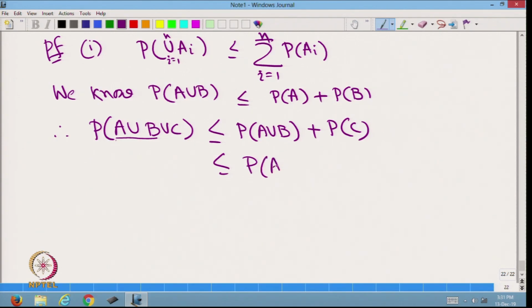Because probability of A union B is less than or equal to probability of A plus probability of B, we get this inequality.